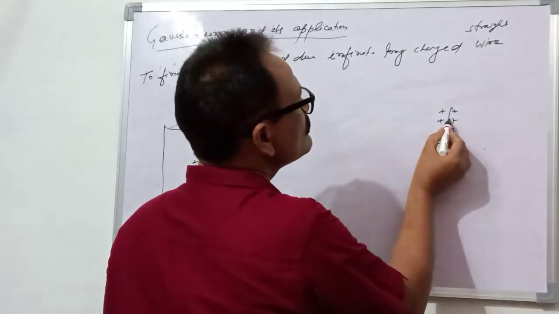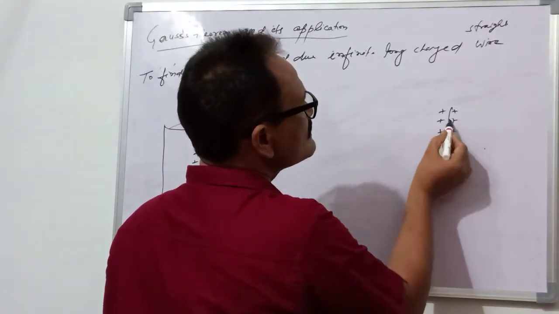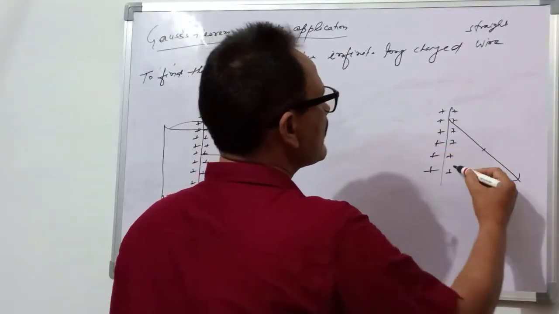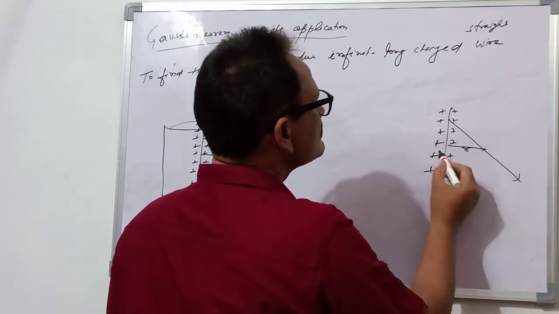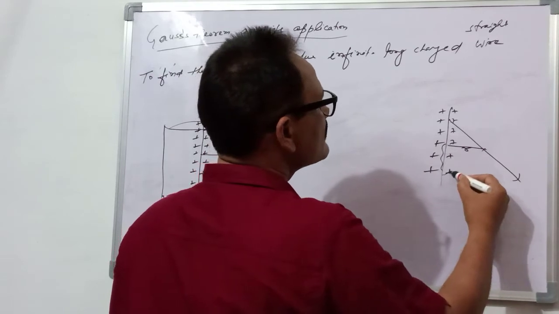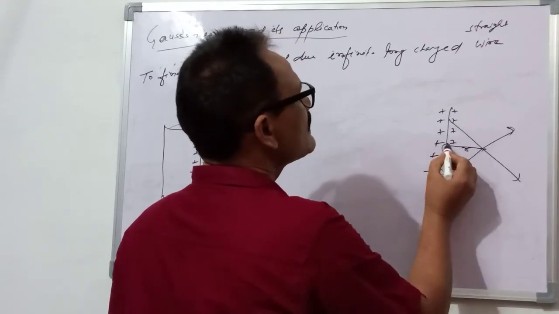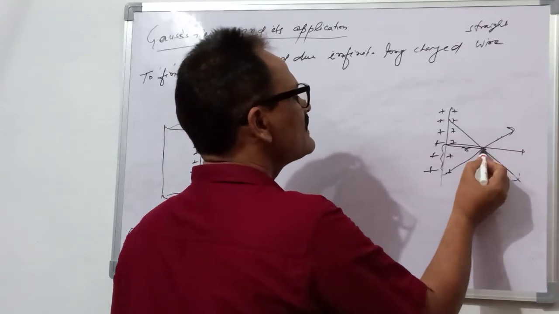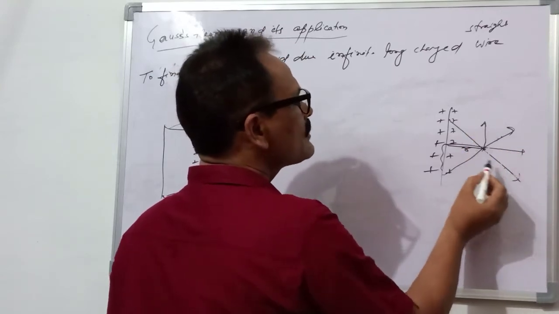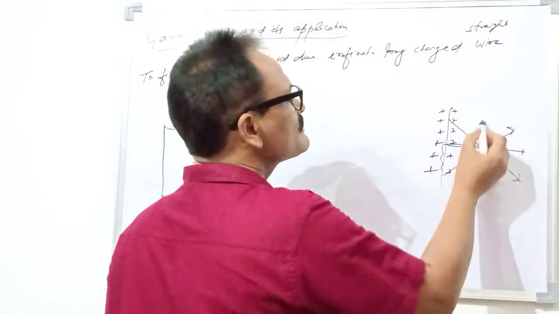I am taking here, suppose this is a point charge, this is a point charge. At this point, the electric field due to this charge is along this direction, at r distance. At this same distance, for this charge, the electric field is in this direction. The component of the electric field along this and the component along this will cancel out.